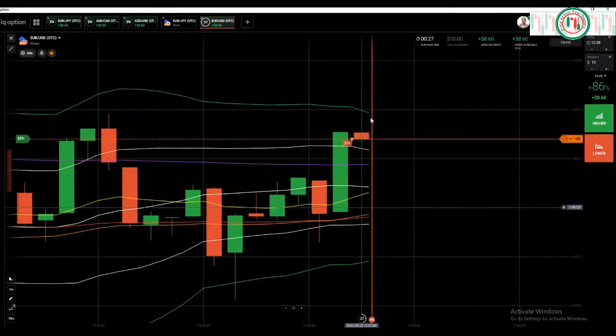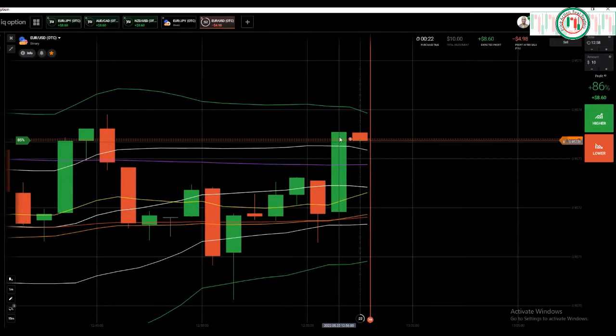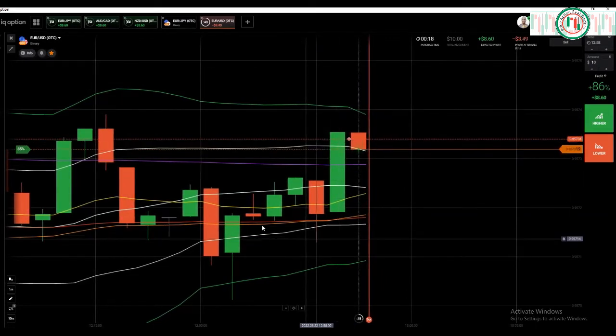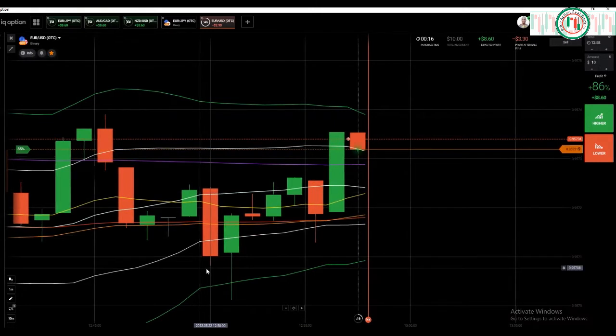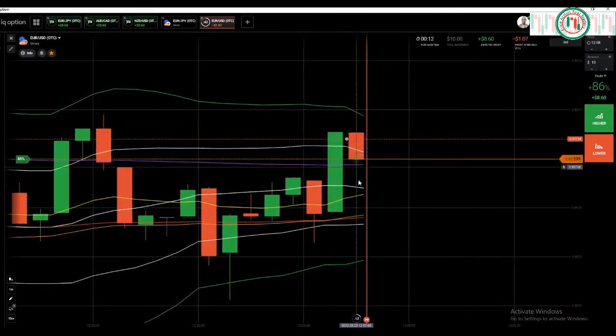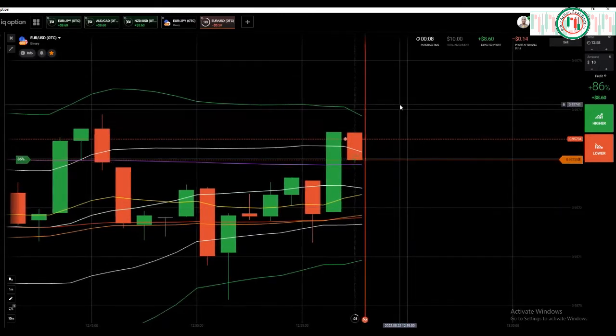Here is engulfing breakout. I place my trade put option because of the engulfing breakout. You see engulfing, you see another engulfing, see breakout with strong candle. So you should expect sellers entry strongly.